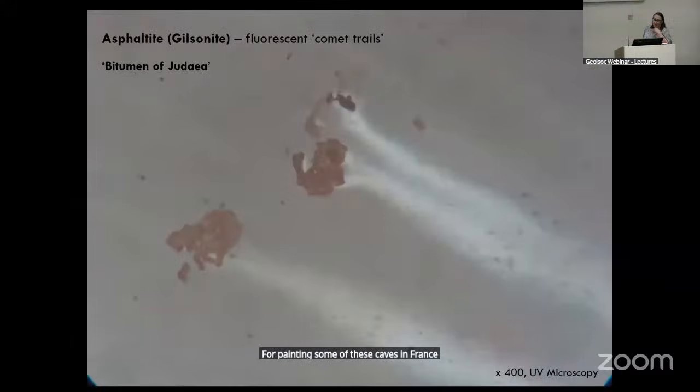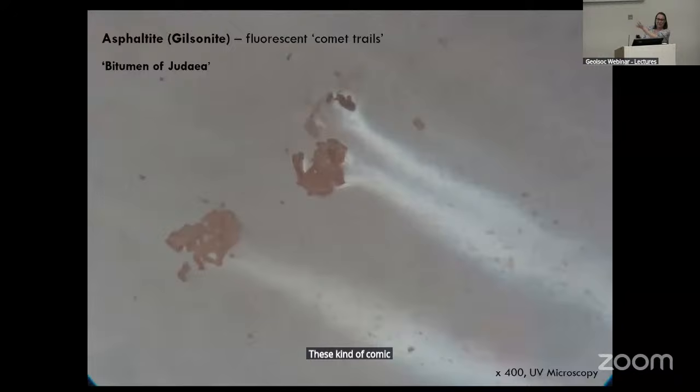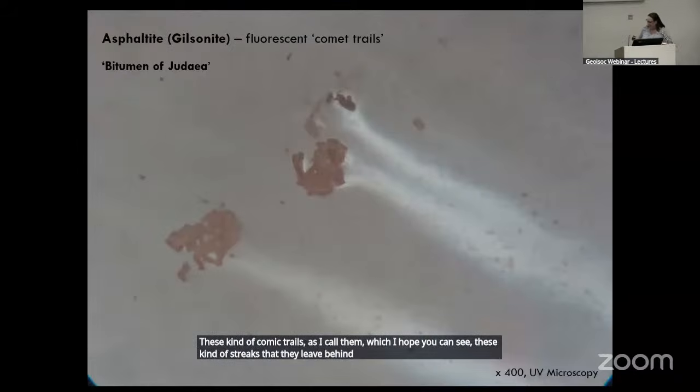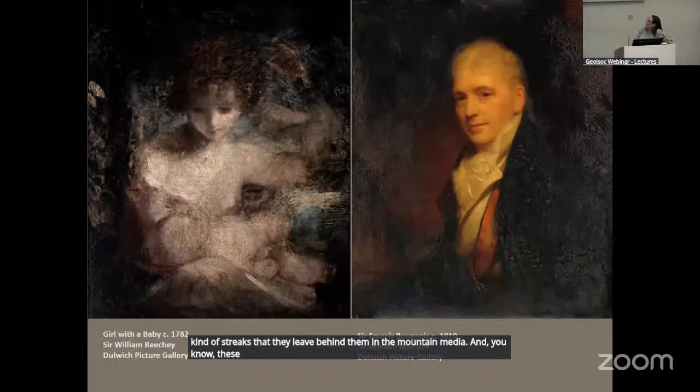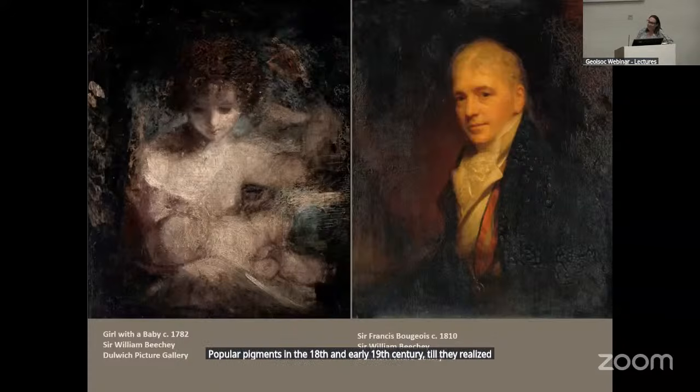And I use UV light for looking at hydrocarbon compounds, because you often get fluorescent phases, and you often get these kind of comet trails, as I call them, which I hope you can see, these streaks that they leave behind them in the medium. And these became really popular pigments in the 18th and early 19th century, till they realised they're just horrible and sticky.